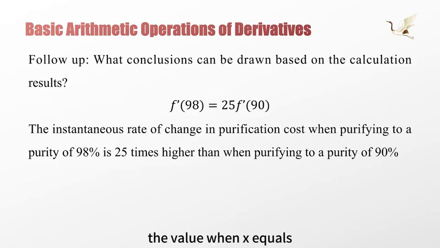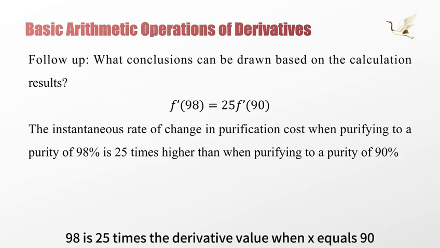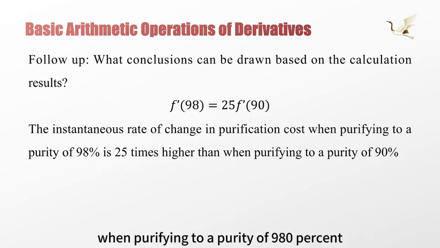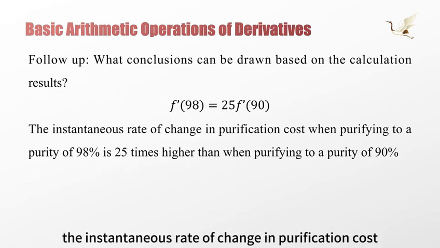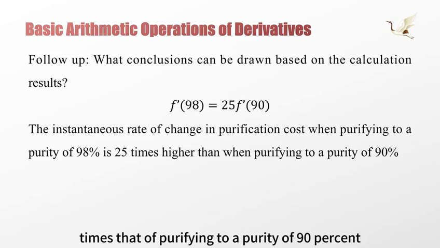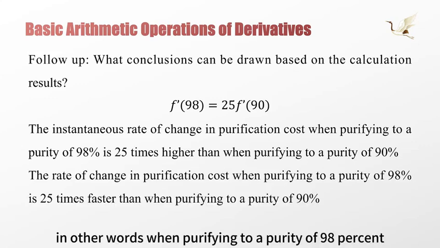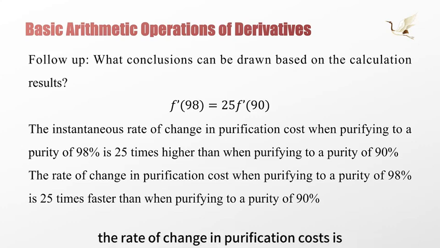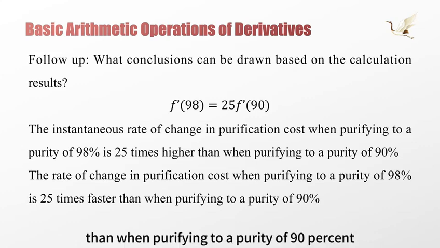The value when x = 98 is 25 times the derivative value when x = 90. That is to say, when purifying to a purity of 98%, the instantaneous rate of change in purification cost is 25 times that of purifying to a purity of 90%. In other words, the rate of change in purification cost is 25 times faster.